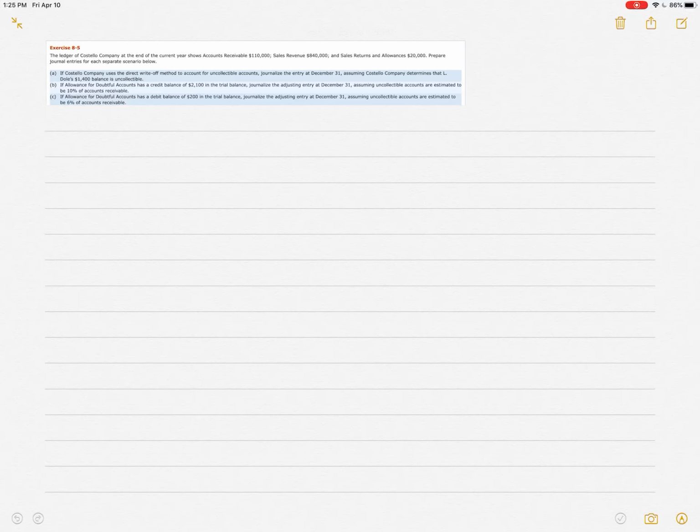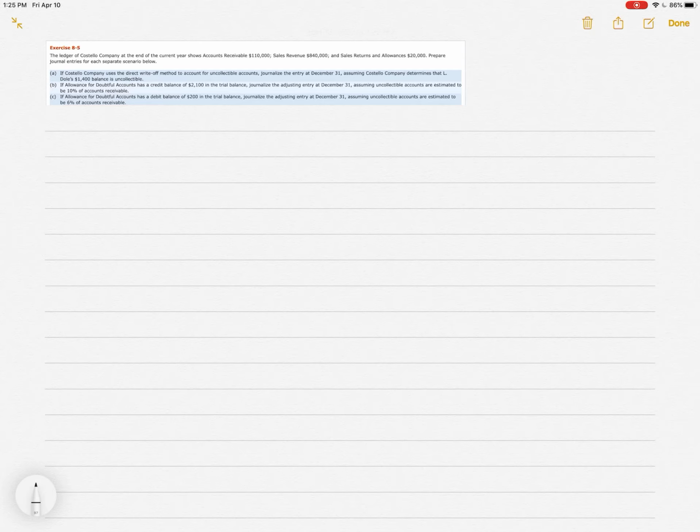So let's look through each of these. The first one, in A, they're using the direct write-off method. That's something that we always want to make sure we know. Are they using the direct write-off method or the allowance method? Here they're using the direct write-off method.